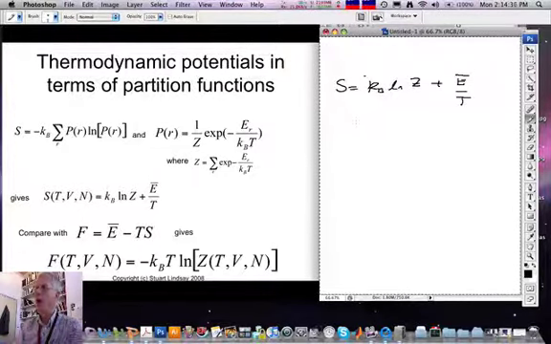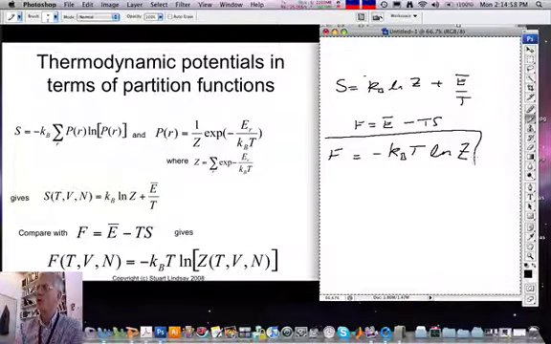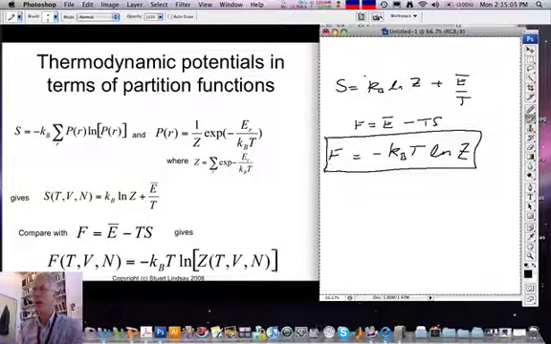And so you will recognize, if you compare this with the definition of the Helmholtz free energy, that the Helmholtz free energy is given by minus Boltzmann constant times temperature times the logarithm of the partition function. So here you see how a thermodynamic potential is derived directly from the partition function. So if you can count the number of microscopic states of a system, you can calculate the Helmholtz free energy and thereby all of the equilibrium thermodynamic properties of a system.